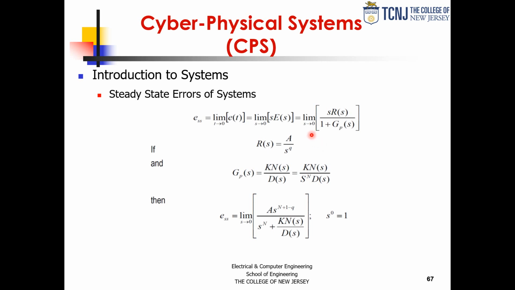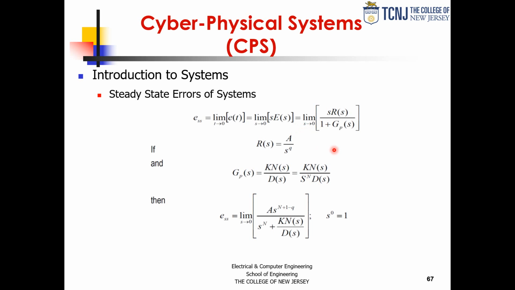So essentially, the Laplace transform for these power type signals is the constant associated with the signal divided by s raised to the power of the signal. So for a ramp, the Laplace transform would be a divided by s. For a parabolic input, the Laplace transform would be a divided by s squared. Okay?